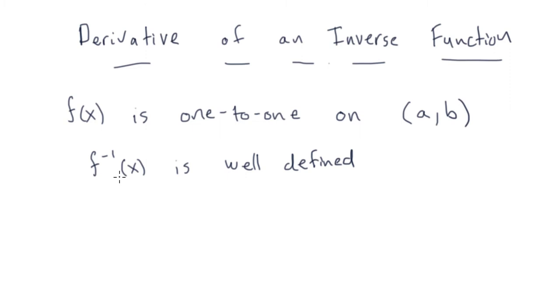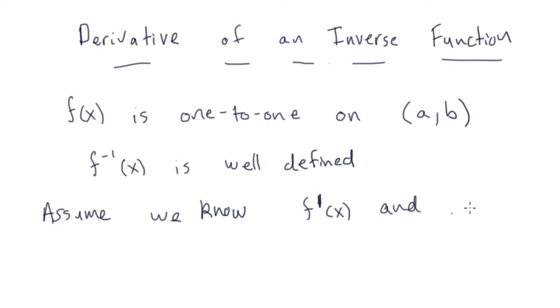And so the question that we have is that, let's say we know f prime of x, so we know the derivative of f, okay? And we know what the inverse function is, okay? Or we know that f has an inverse function.